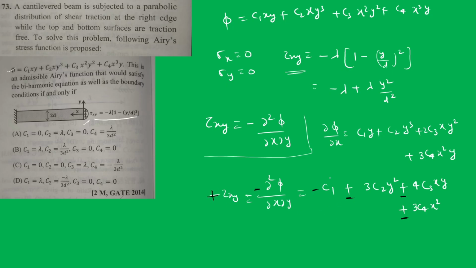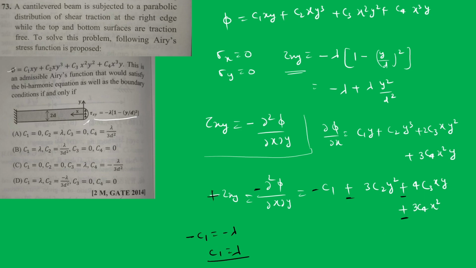Now let us see. Minus c1 is equal to minus lambda. If you compare, this implies c1 is equal to lambda.